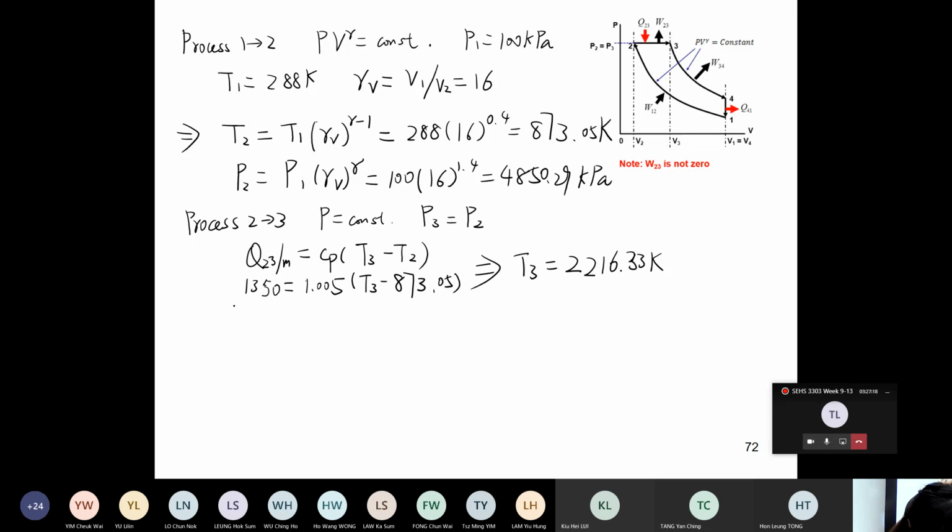Let's calculate the cutoff ratio. It should be T3. Oh, anything wrong?